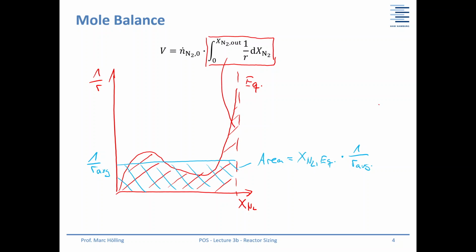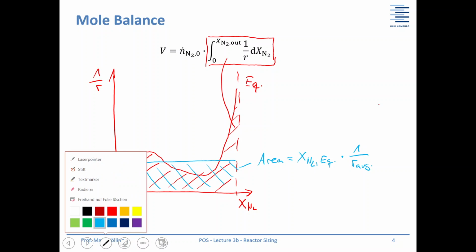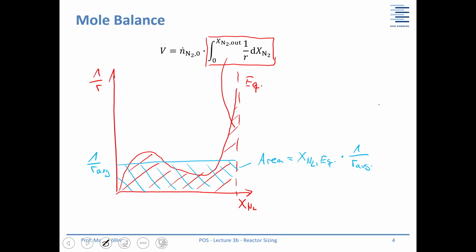And I'm just trying by judgment to say, okay, what does it mean? So the area here and the area here must be the same as these two areas. And hopefully this fits a little bit. Okay, this was how it should look like.